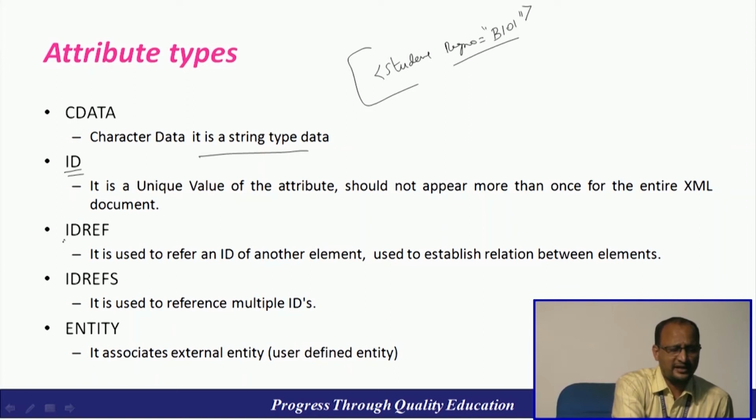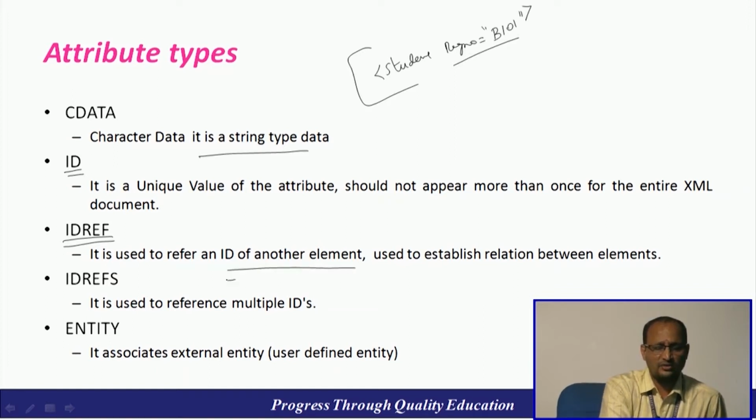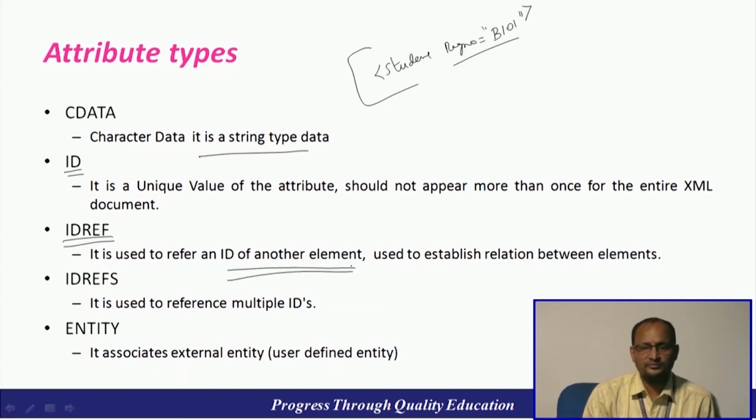Next, IDREF. It is used for referring to the ID of any other element. For example, a student who is maintaining an account with a bank, in the same campus, the same university. The student whose register number is B101 has an account with a bank, it may be any international bank.